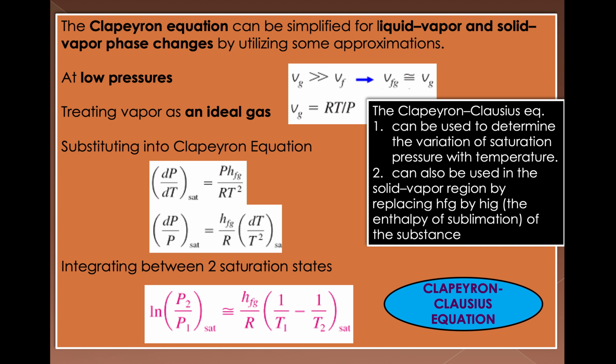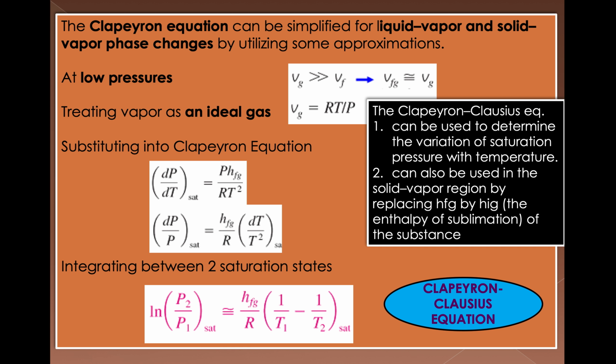We have to take note that the Clapeyron-Clausius equation can be used to determine the variation of saturation pressure with temperature, and it can also be used in the solid-vapor region by replacing hfg by hig, the enthalpy of sublimation of the substance.